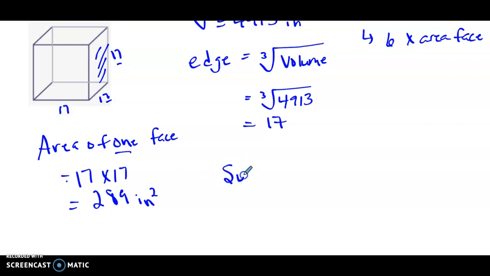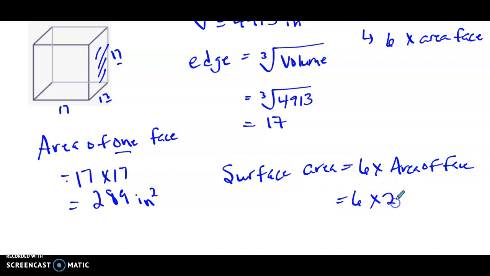So the surface area of the entire cube is 6 multiplied by the area of the face. So our calculation now is 6 multiplied by 289. On your calculator, you should get a total surface area of 1,734. Remember, our unit is inches, and because it's an area, it will be inches squared.